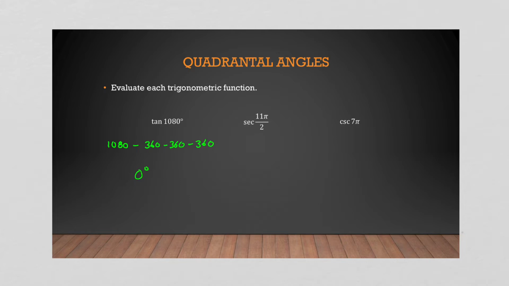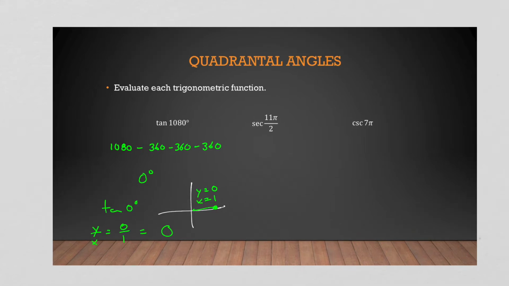And by getting that, we're then looking at, okay, well, what's tan of 0 degrees? Well, 0 degrees is here. We have a y value of 0 and an x value of 1. So tan of 0 is y over x, which is 0 over 1. So tan of 0 is 0. So there we are.